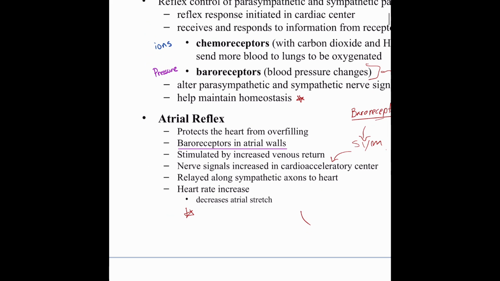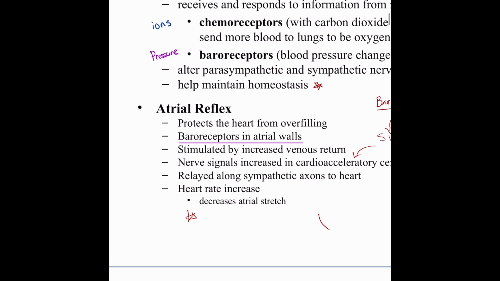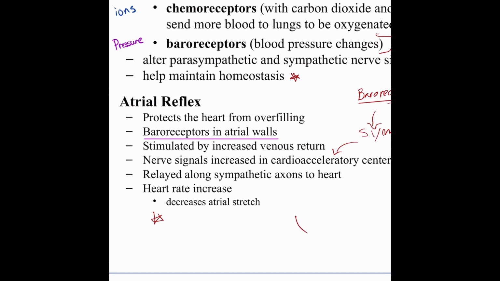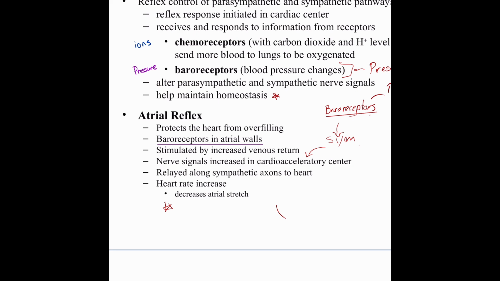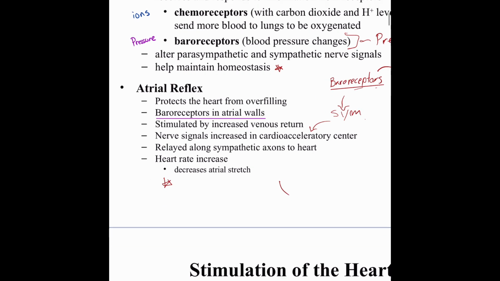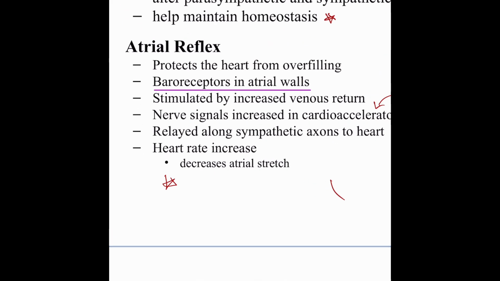So when there is an increased venous return, nerve signals increase the cardioacceleratory center. So if we can pump more blood out of the atrium, we can decrease the pressure because we will not retain as much blood there. So heart rate is increased so that we can decrease atrial stretch, right?